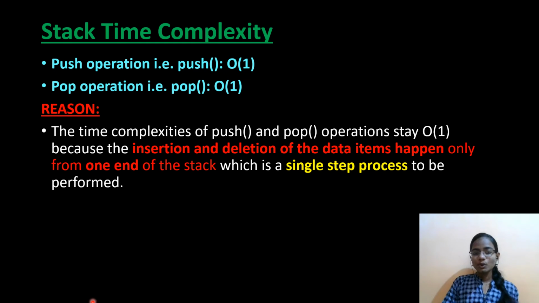The reason why both push and pop operations are big O of 1 is that the insertion and the deletion of data items happen only at one end of the stack. Whether you want to insert or delete an element, both occur at only one end of the stack. So it is a single step process, isn't it? So it has a time complexity of big O of 1.